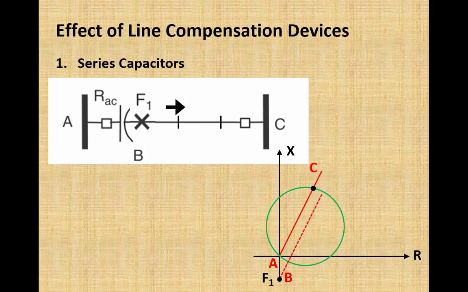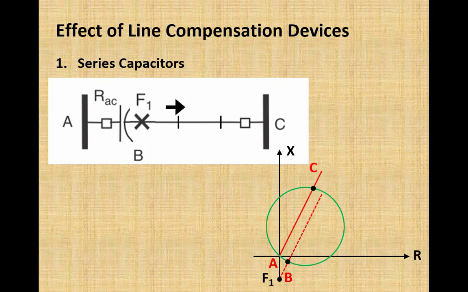So this point that I have marked on the line will be here on the RX diagram, where this dotted line impedance, due to the presence of the series capacitor, is moving into the operating region of this admittance relay. So if a fault occurs after this point on the transmission line, then our distance relay can sense this fault as a fault in its operating region.